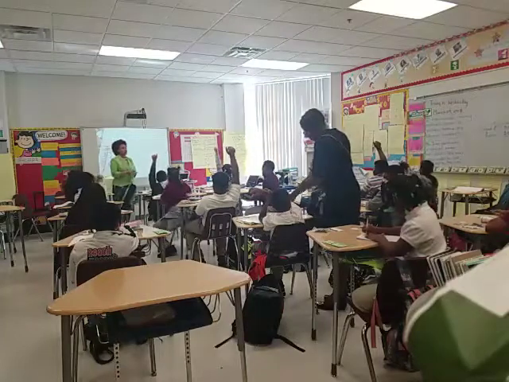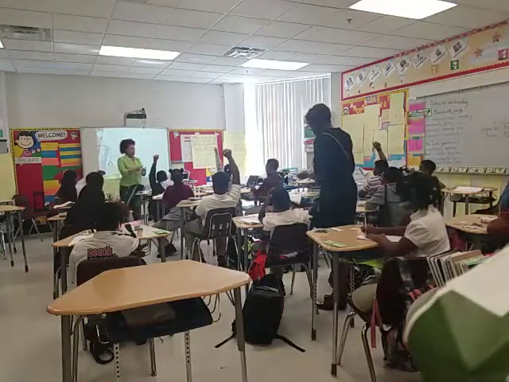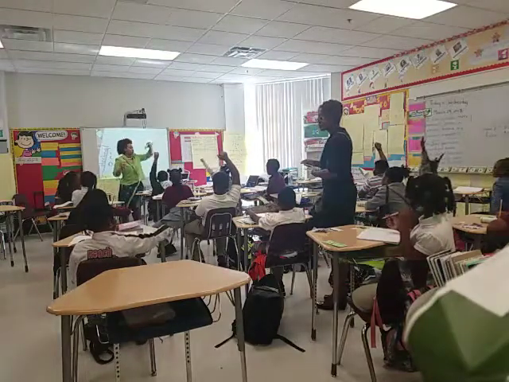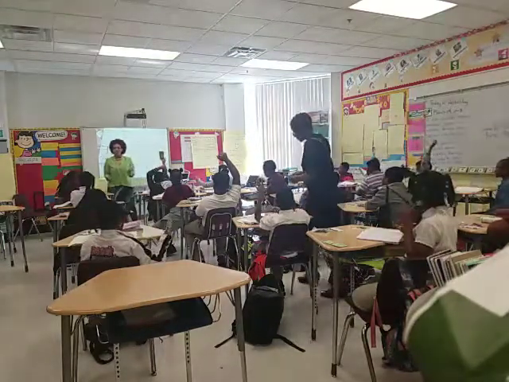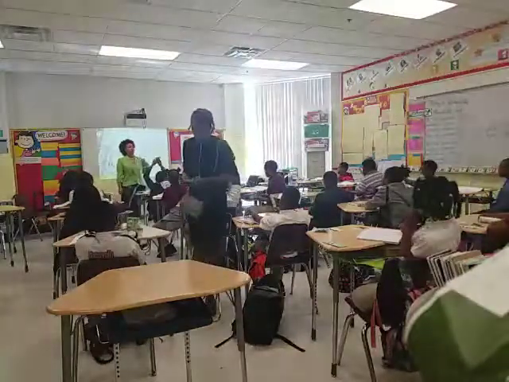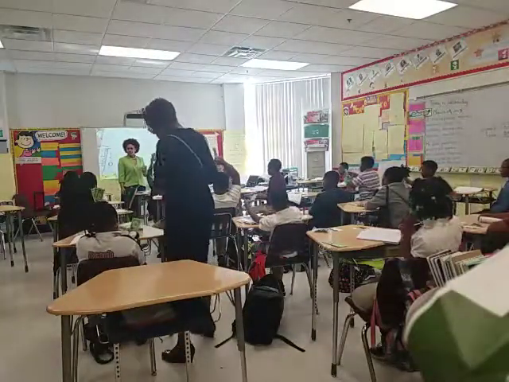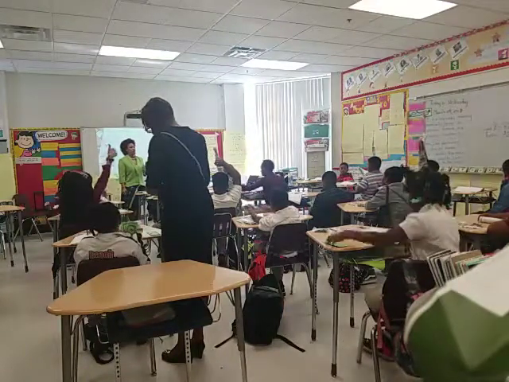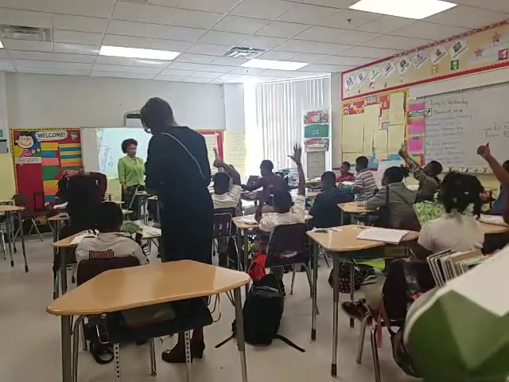Before you answer that though, if you have 5 singles and you want to change them into a $5 bill, just raise your hand. Hold up 5 singles and I'll trade it for $5. So we're learning more money here, but if you shortchange me, I'm taking $1. I need to get 5 singles to give you $5. If you don't have it or you're going to shortchange me, I'm going to take your $1.